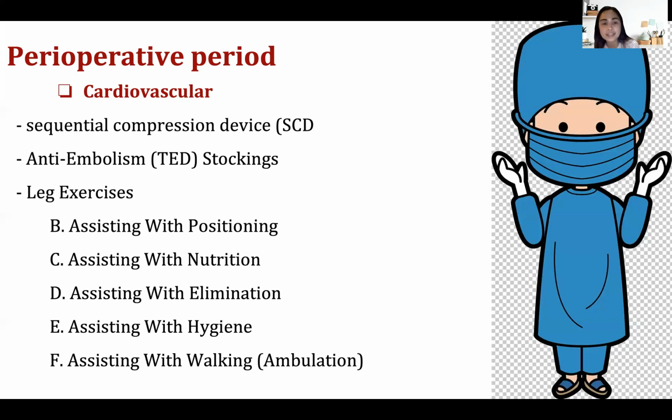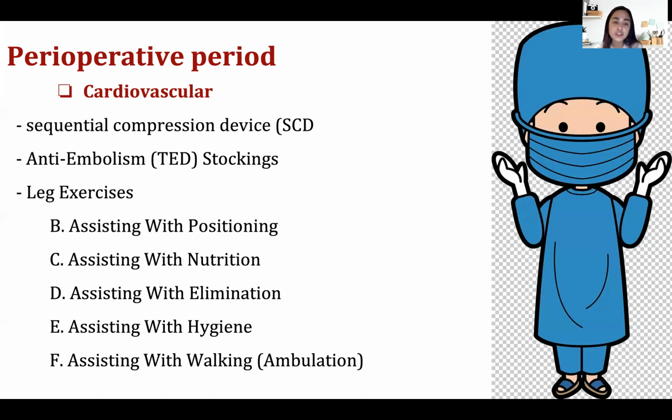Because the spinal anesthesia will numb or decrease the function of your bladder. So you will have difficulty urinating or voiding. So you will have what do you call this? Urinary retention. And if you have urinary retention because of spinal anesthesia, they will do straight catheterization for you.